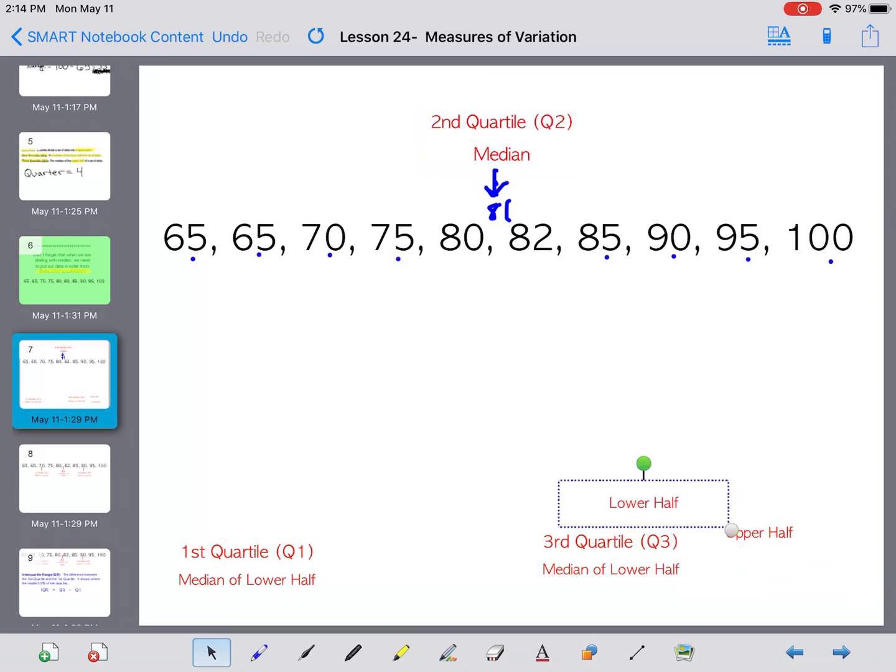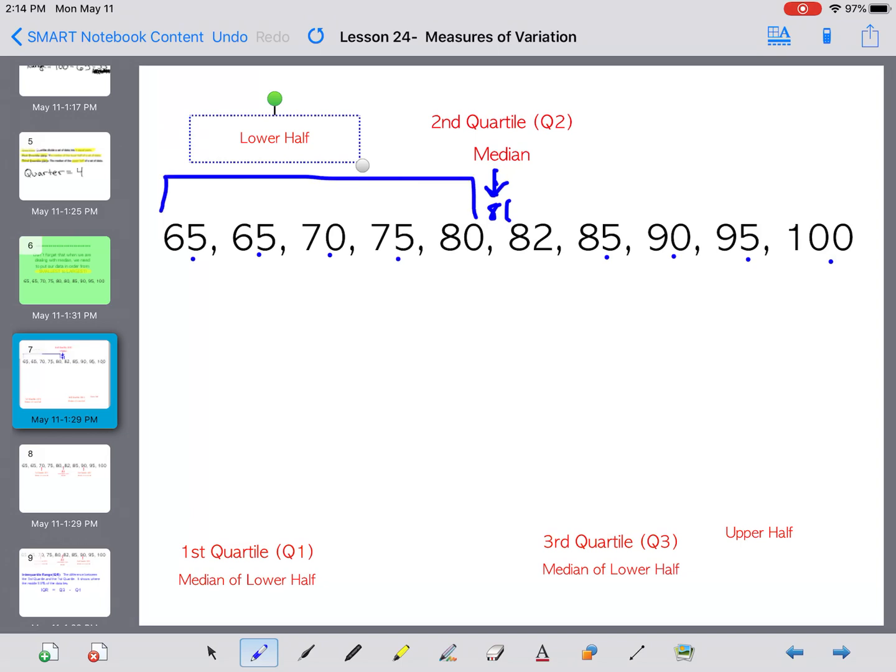You've got your lower half, and that hangs out over here. So your lower half of your data is underneath the median. Now, on the other hand, your upper half of your data is on the other side of the median.